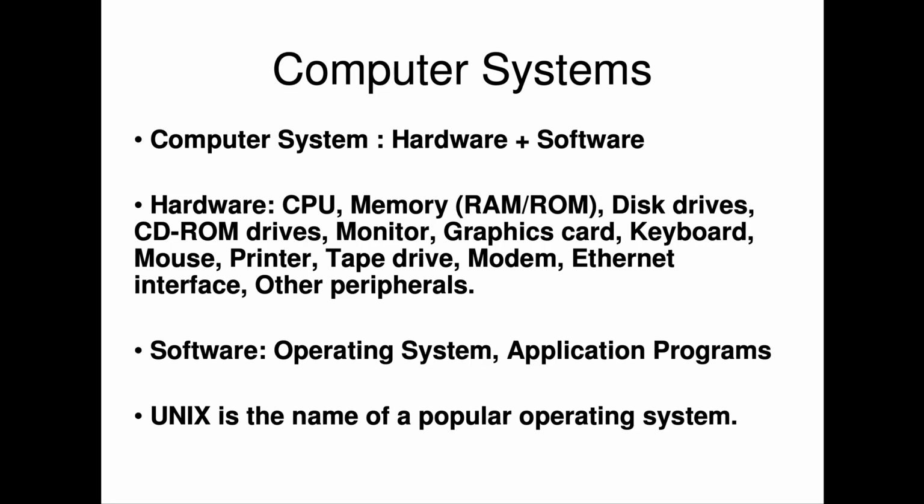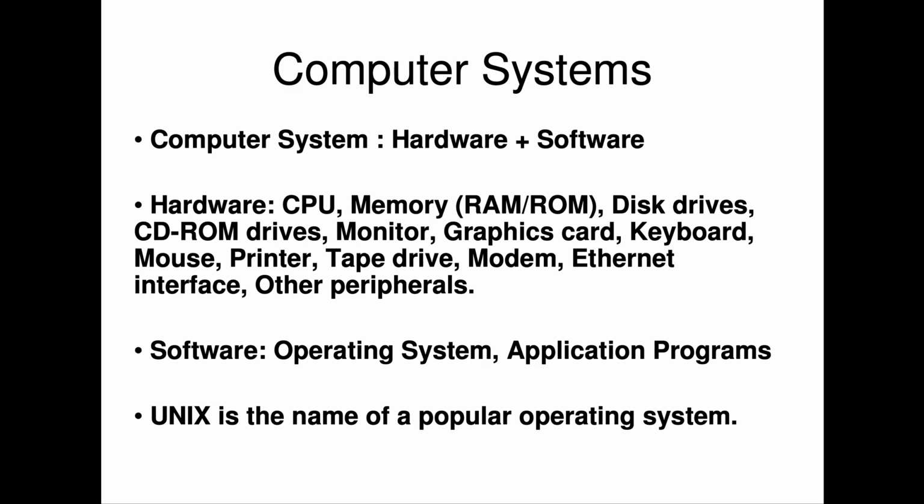And software is a program that runs on the hardware system. The first thing we can talk about software is the operating system, which is a fundamental software to manage your hardware. And then after that we can talk about the application programs.